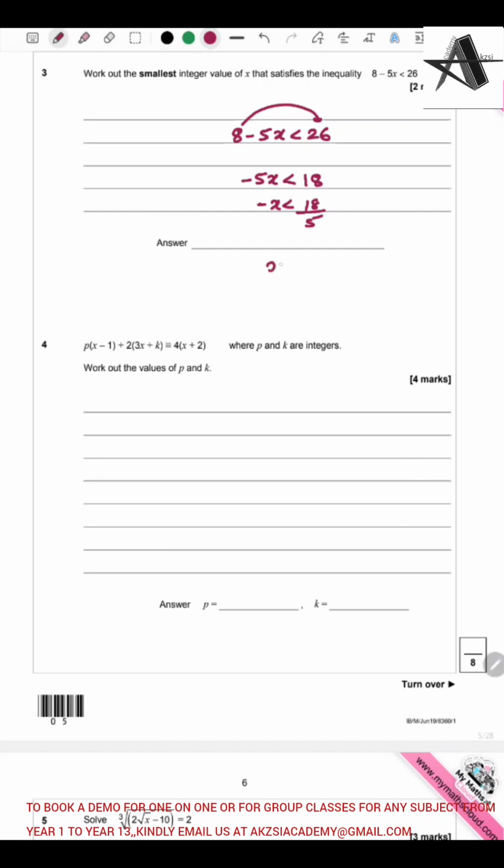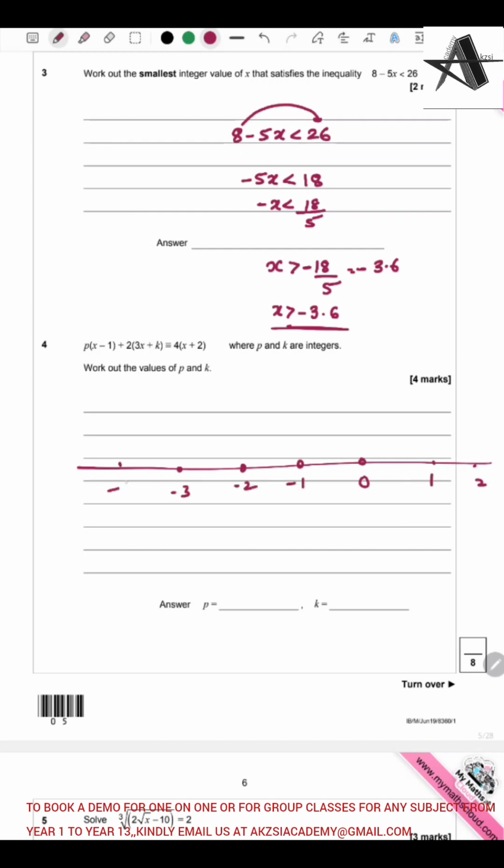That means x is now greater than negative 18 over 5. 18 over 5 is approximately, it's 3.6, so x is greater than negative 3.6. On the number line you can clearly see, if this is 0, minus 1, minus 2, minus 3, minus 4, minus 3.6 will lie here.